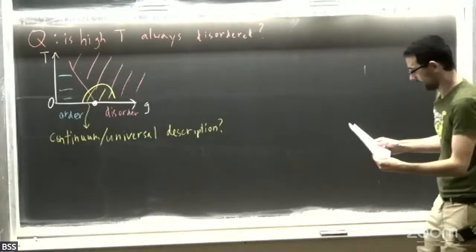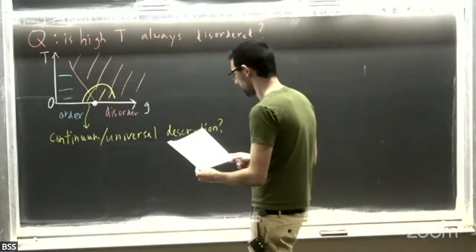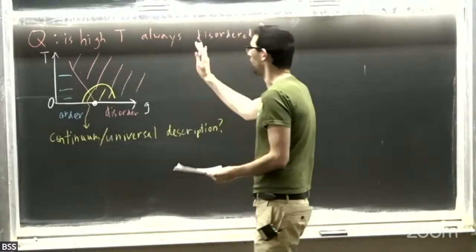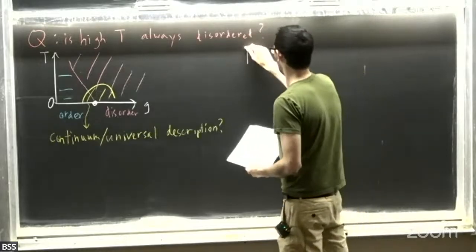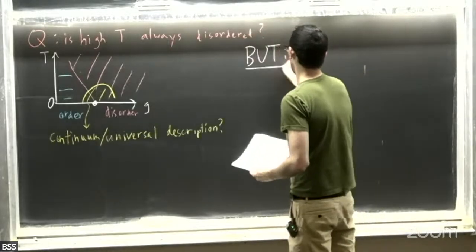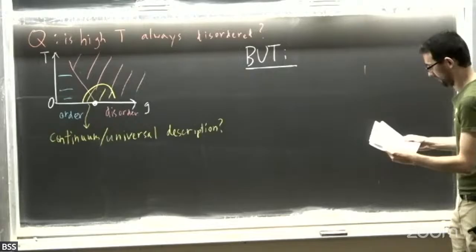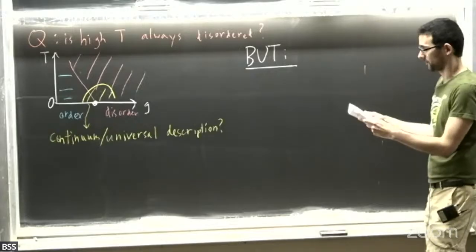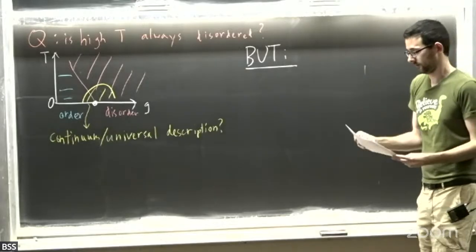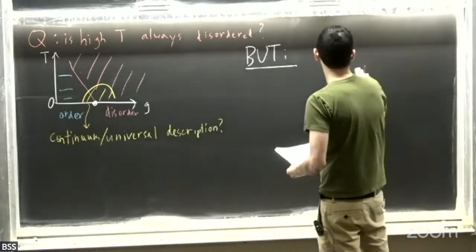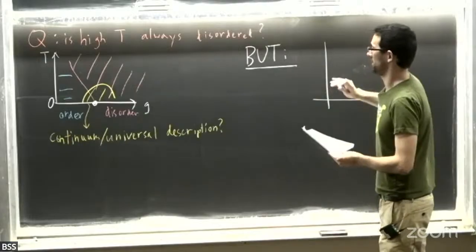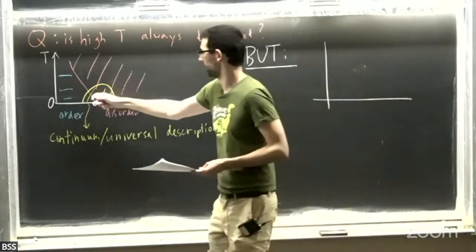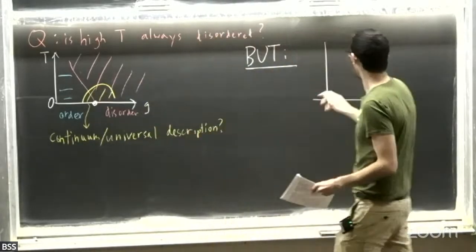All right. So there are systems that are known where, at least in some region of the phase diagram, the diagram looks more complicated.